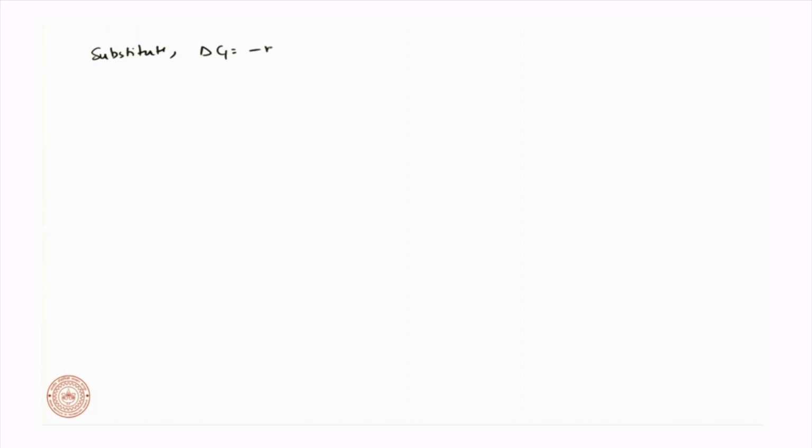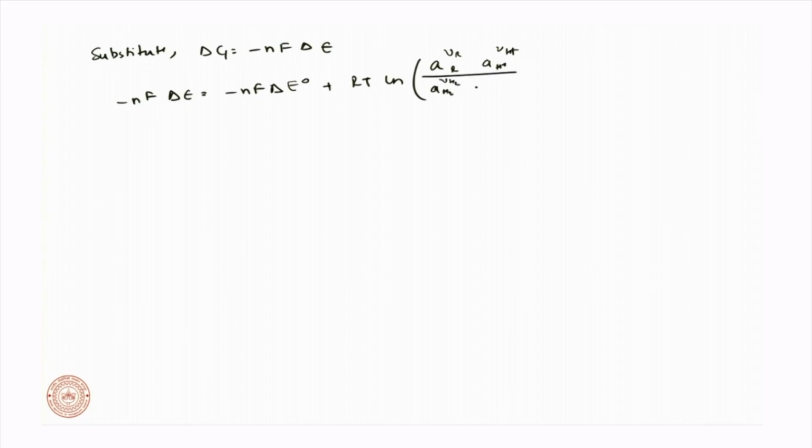delta G is equal to minus nF delta E. So, we will have minus nF delta E is equal to minus nF delta E naught plus RT natural log of, let us name it K, or we can write down the terms: a_R^nu_R, a_H+^nu_H+, a_H2^nu_H2, a_O^nu_O.